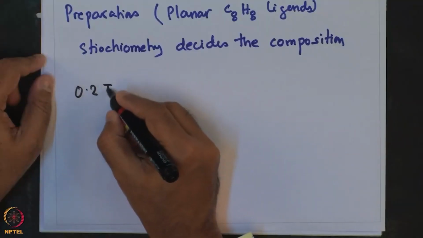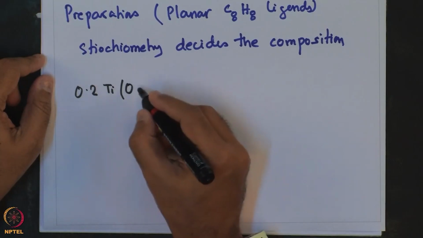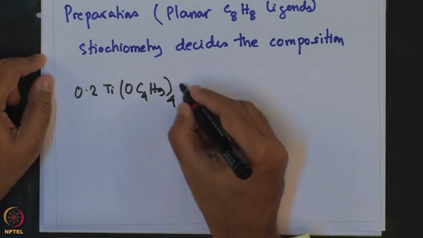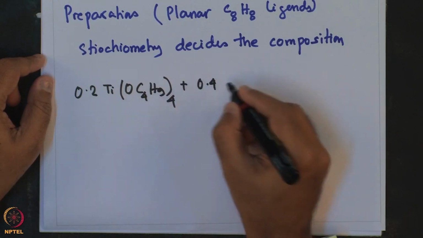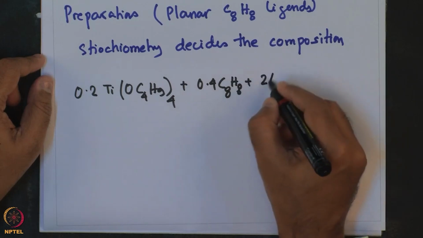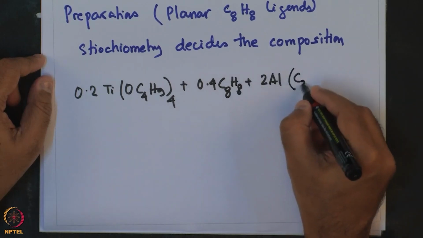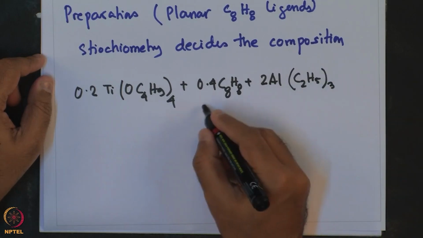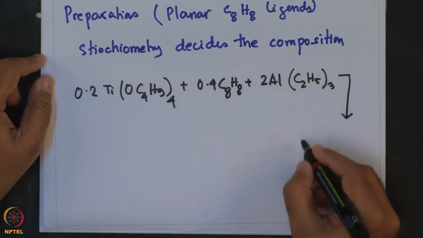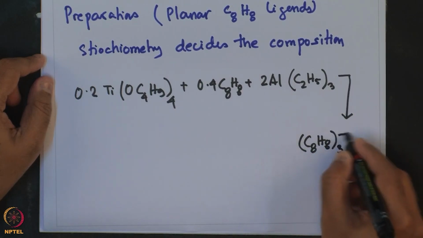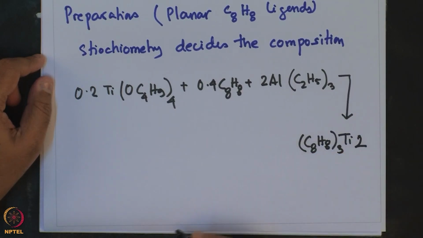For example, for the reaction of 0.2 Ti(OC4H9)4 plus 0.4 C8H8 plus twice Al(C2H5)3 gives (C8H8)3Ti2.